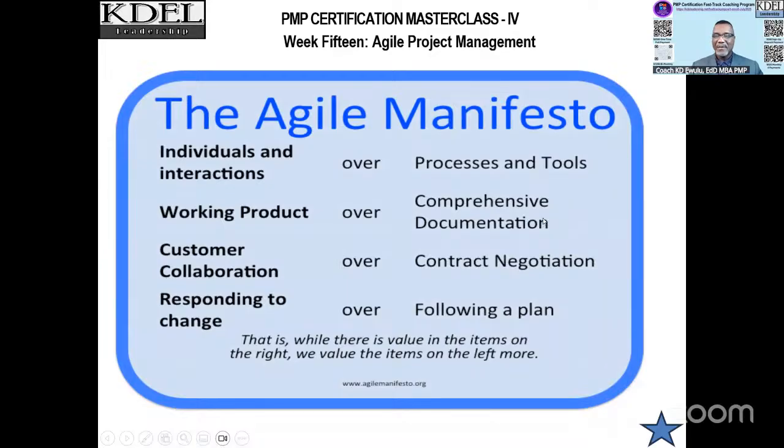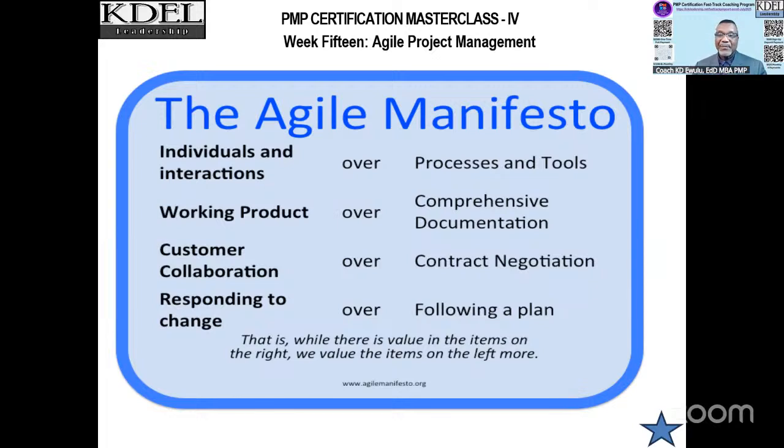What is that? The Agile Manifesto prefers individuals and interactions between individuals over processes and tools. It prefers working product over comprehensive documentation. They're working on it, they're learning as they go on. It prefers customer collaboration over contract negotiation, and it prefers responding to change over following a plan.